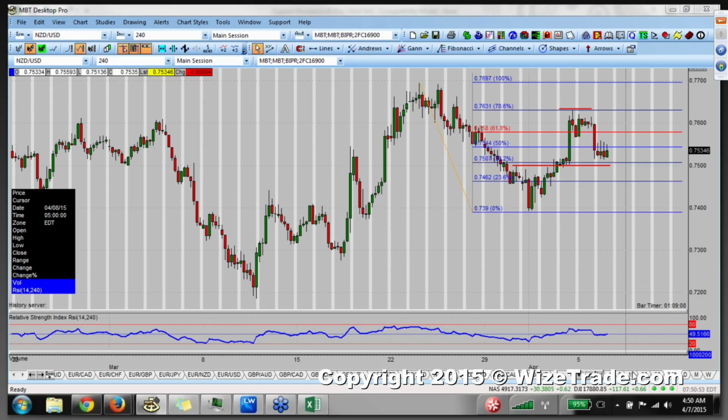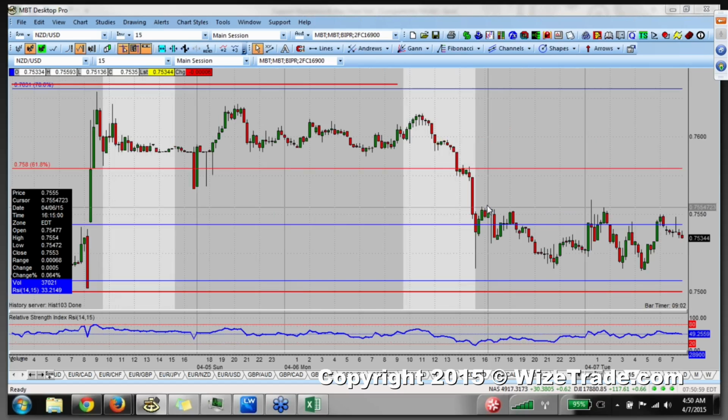Like I said, I shorted the Kiwi yesterday at like 76.10 or something, and I made a quick 60 pips. When we spiked down, I covered it, and then we bounced right back.